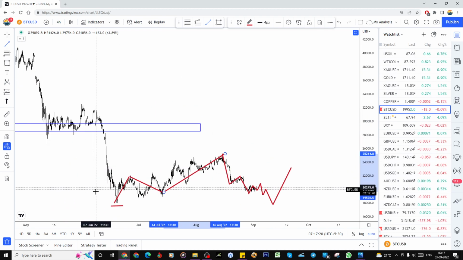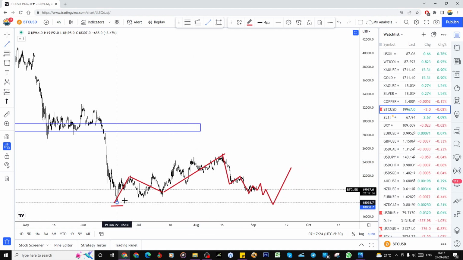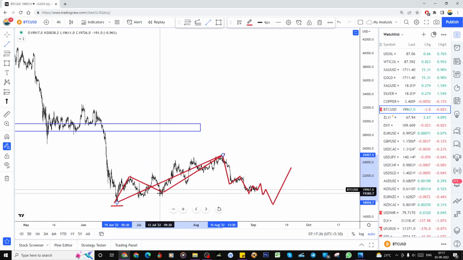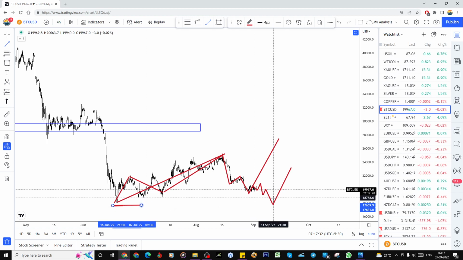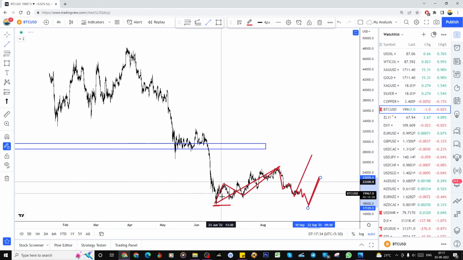Either if we keep this as a B, 1 2 3 4 5, so anyway the three-wave structure has completed here. So whether the three-wave structure means I'm expecting the bounce, whether it is going to break this low, and again I am expecting the bounce.